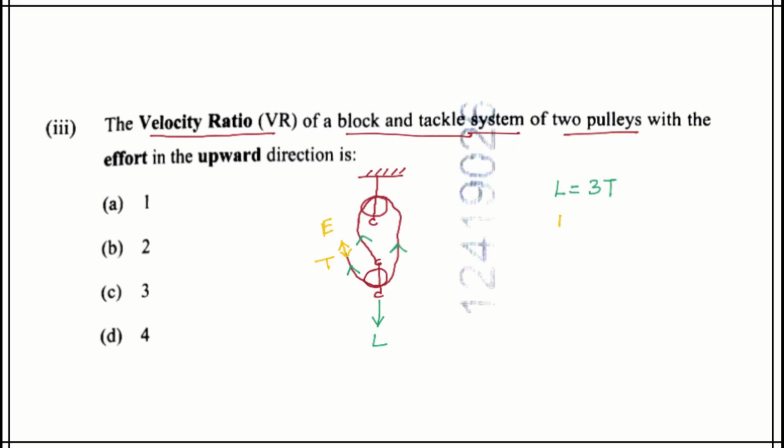So effort equals only a single T. So as a result, mechanical advantage will be 3, and velocity ratio is also 3. So in this case, the velocity ratio will be option C, 3.